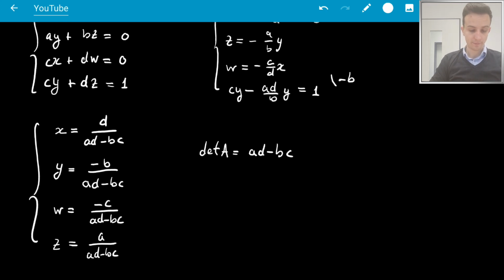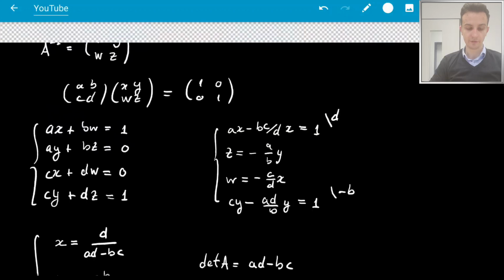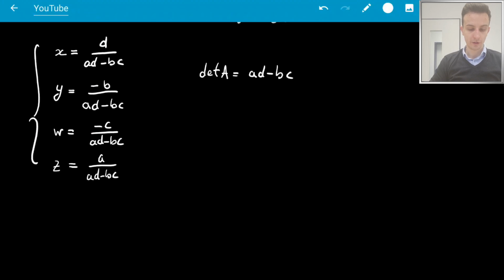So it seems like we have a common factor, this 1 over the determinant of A, and then we just plug in these values. So A inverse is going to be 1 over the determinant of A, which is as expected. This always happens.